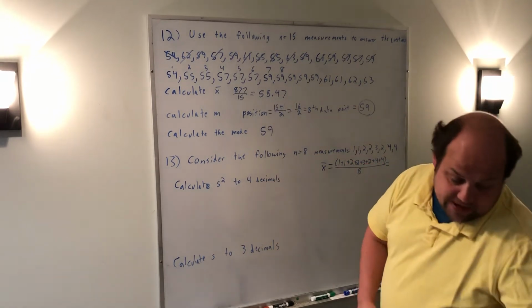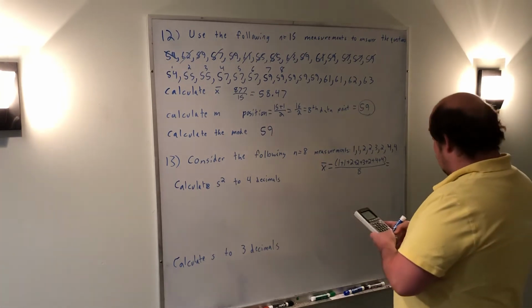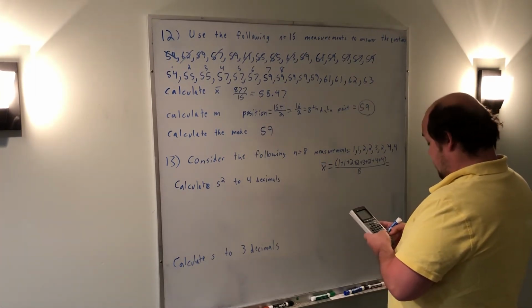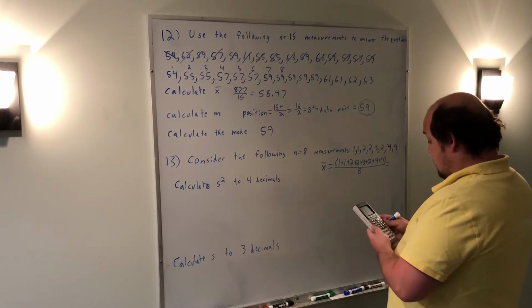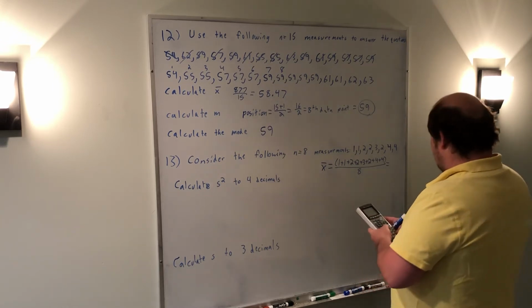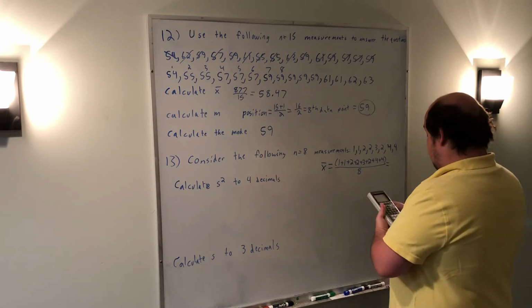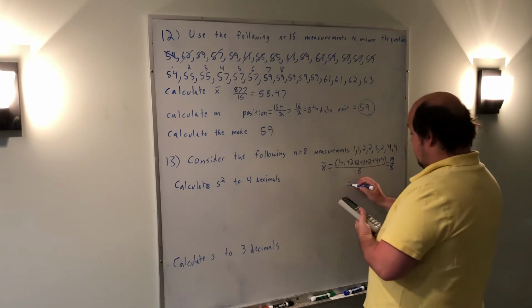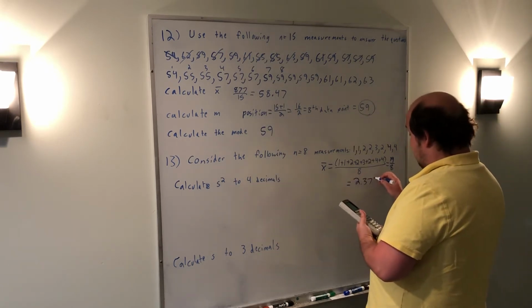That gives me a total of 19. Divided by 8 gives me 2.375. So I got 19 divided by 8. I'm going to call that 2.375.